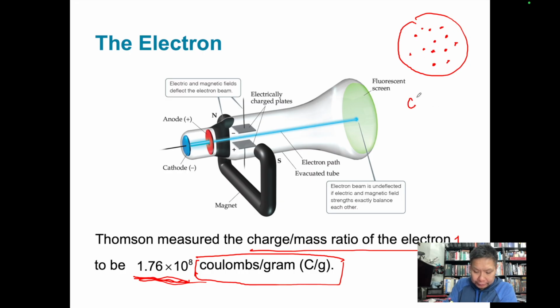So I like to call it the chocolate chip cookie model. You can just imagine randomly dispersed chocolate chips throughout chocolate chip cookie dough. The atom basically has randomly dispersed chocolate chips, or electrons, and that was called the Thomson model of the atom. We'll talk more about that in a second.